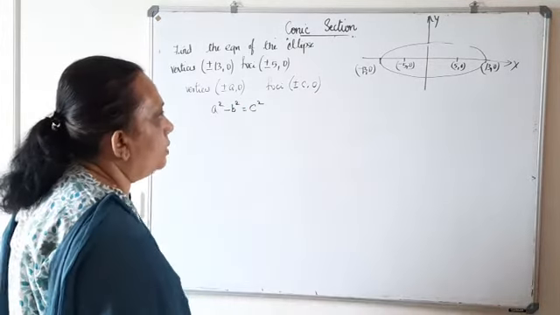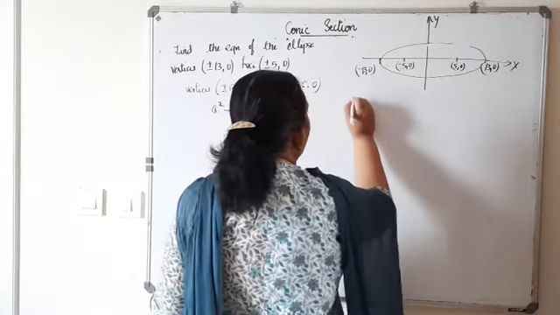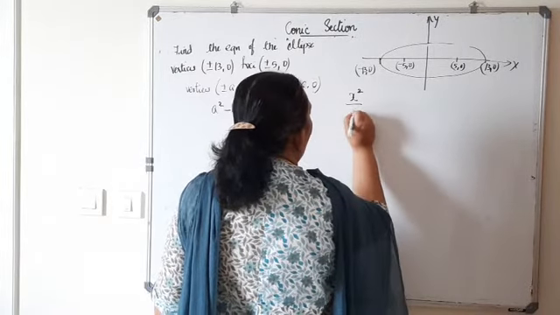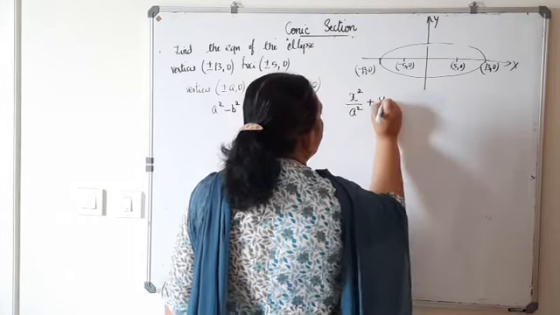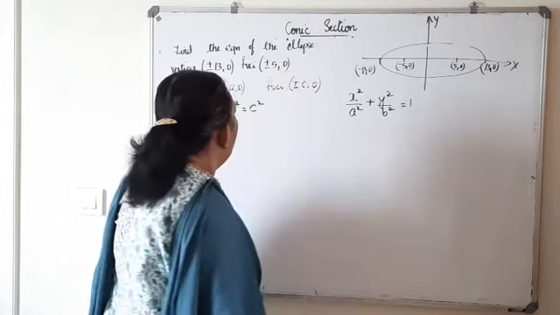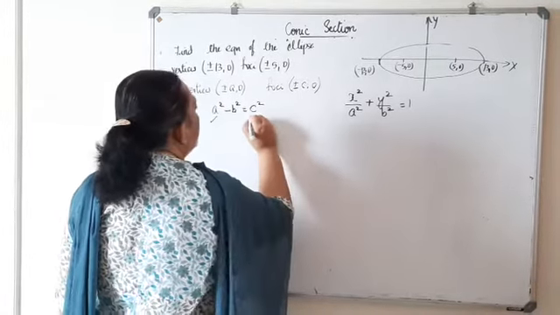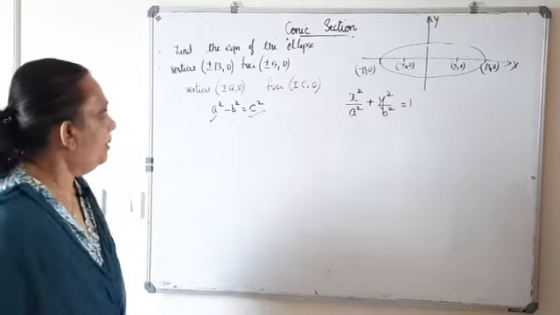And you are asked to find the equation of the ellipse. In this case, the equation of the ellipse will be x squared by a squared plus y squared by b squared is equal to 1. Now, here you have a and c. You have to get b.